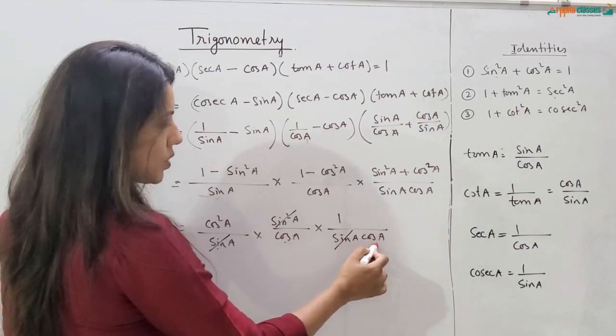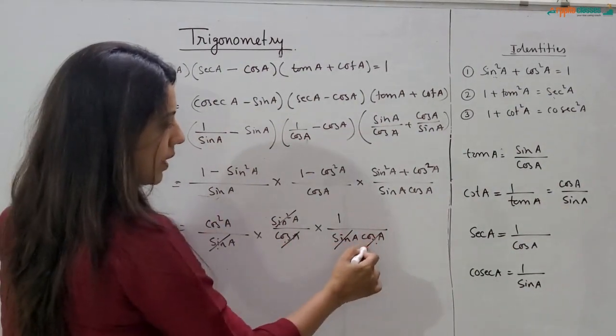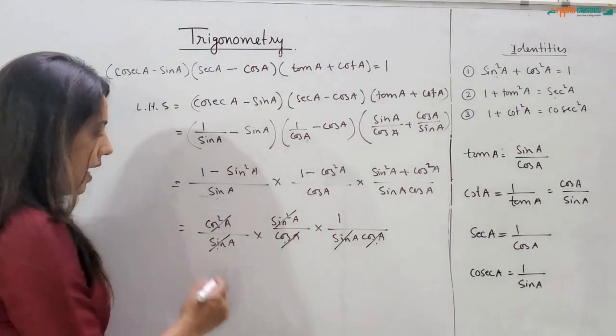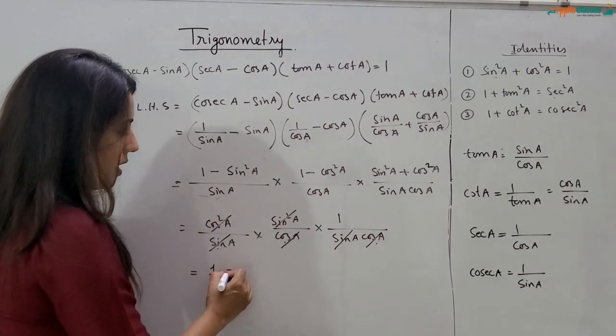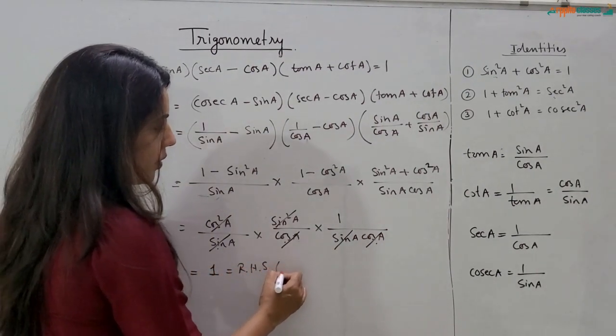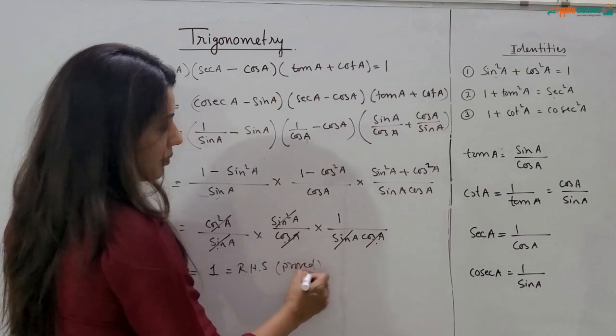This is cos A, this is cos A and this is cos square A. So this cos square A and this cos square A will get cancelled. Everything got cancelled, so we get 1 from here. So that is equal to the right hand side, proved.